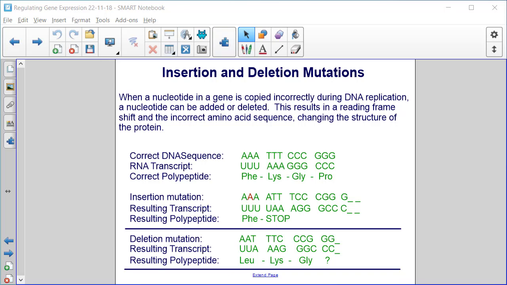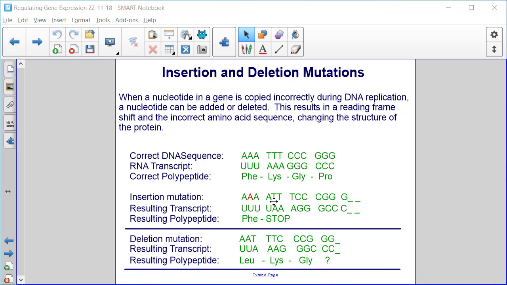In the first, we have our correct DNA sequence, which you can see codes for 1, 2, 3, 4 amino acids. If I insert another A here at the beginning of this sequence, the first amino acid, phenylalanine, UUU, is the same. But because I put an A here, everything shifts down 1.